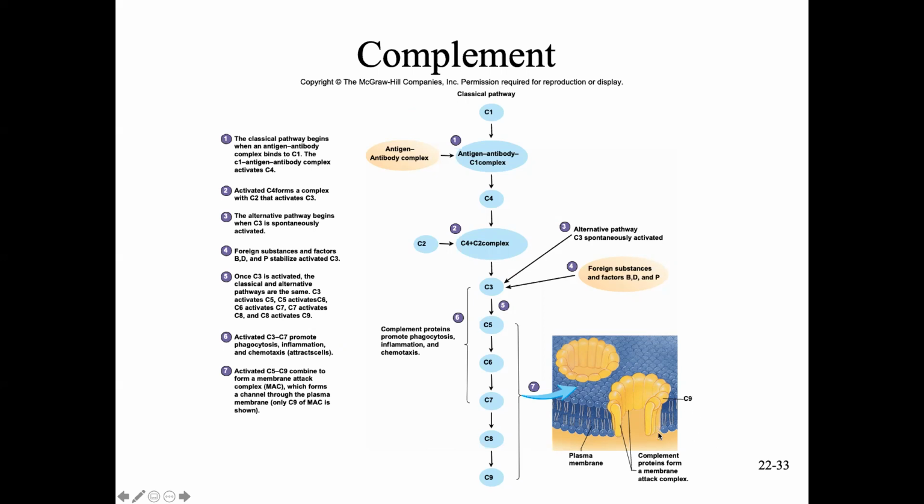This MAC right here, membrane attack complex, punctures a hole through the plasma membrane of a bacterium, of an infected cell, or the cell wall. By puncturing through the cell wall, the plasma membrane, what we're doing is putting tiny holes in the plasma membrane. What happens then?